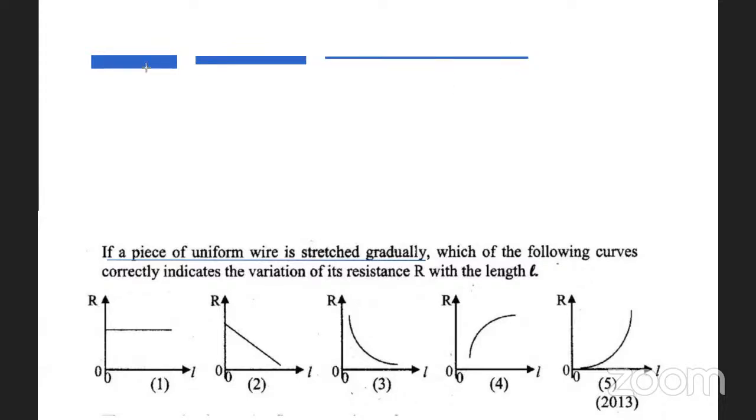Agreed? So length keeps increasing, cross sectional area keeps reducing because the volume doesn't change. Total volume will not change if you don't heat it or anything. So total volume doesn't change, but cross sectional area reduces.